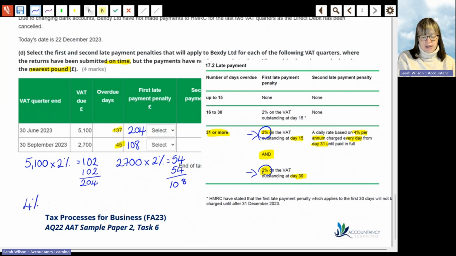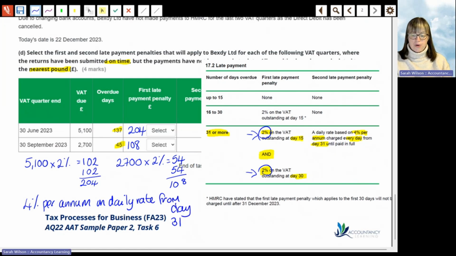So it's 4% per annum on a daily rate from day 31. So that's what our reference material tells us.